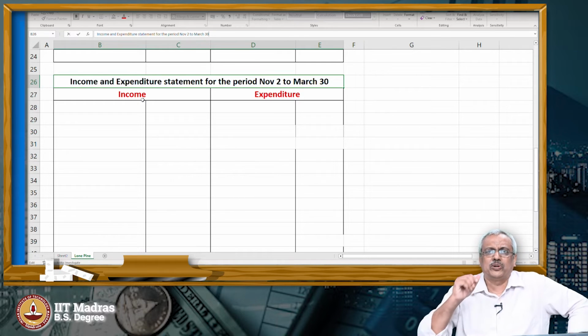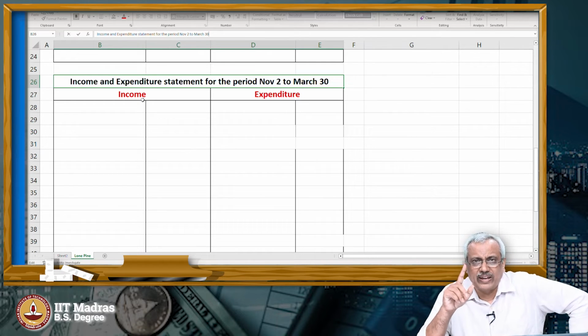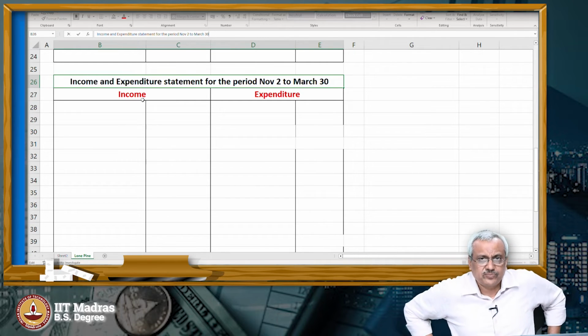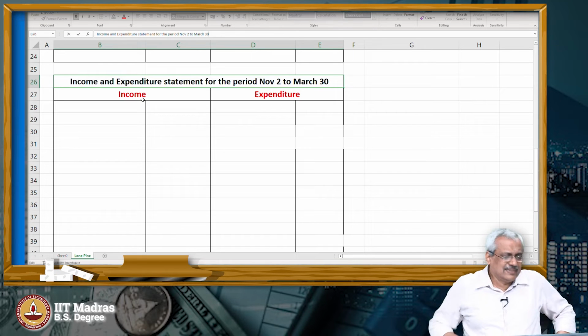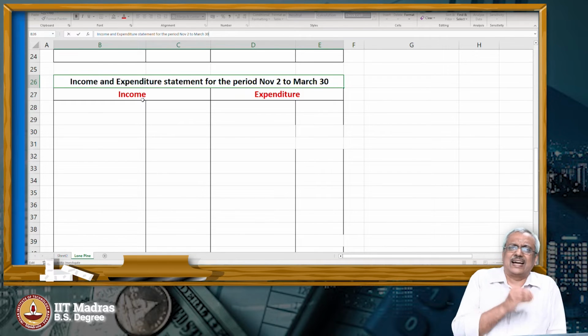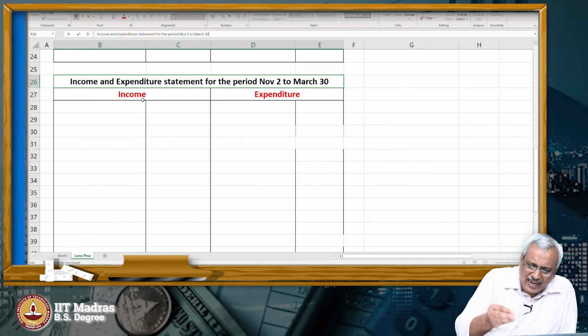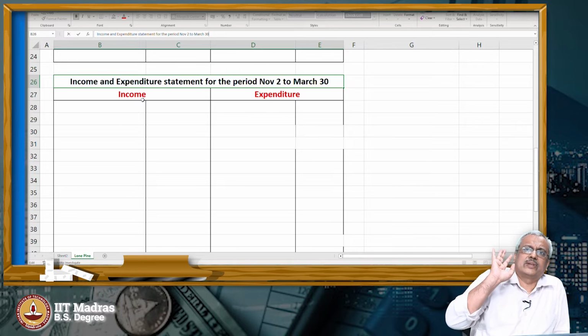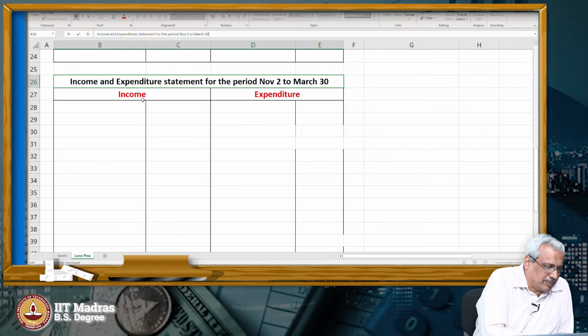If you look at chapter 2, you will find Lone Pine Cafe A. If you look at chapter 3, you will find Lone Pine Cafe B. I am just taking one from the textbook exercise and trying to solve it. I am not bringing in material outside of the text that I have prescribed. Okay. Now, let us come to it.